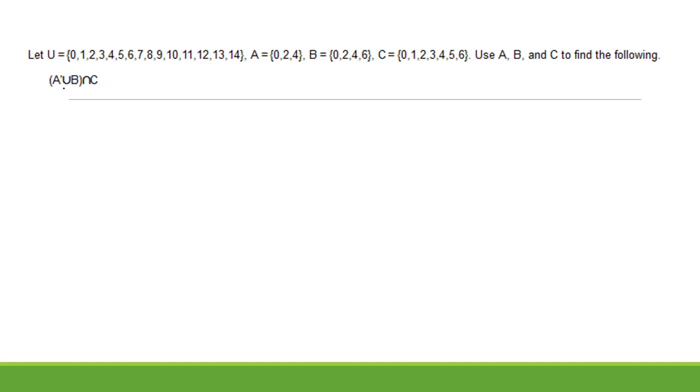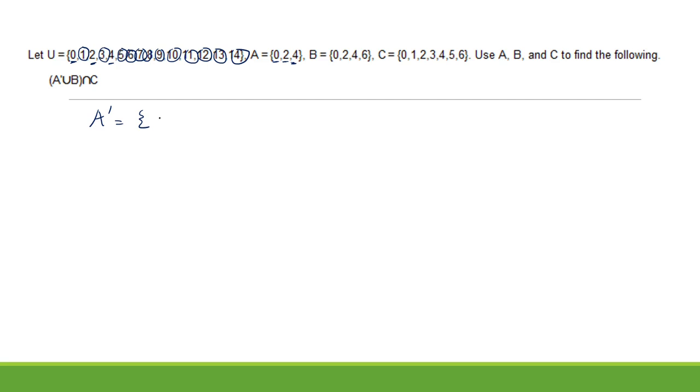I always like to do the complements first, so let's find A prime, or A complement. A is 0, 2, and 4. So we'll look in our universal set. And A complement is everything except 0, 2, 4 in the universe. So we're looking at 1, 3, 5, 6, 7, 8, 9, 10, 11, 12, 13, 14.